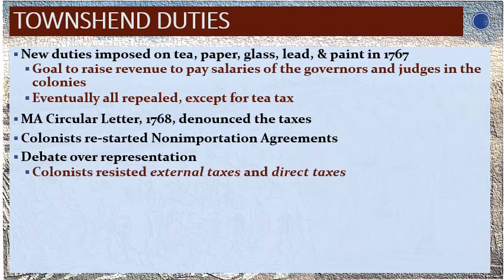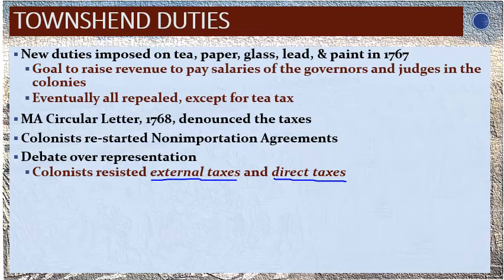Colonists are making a distinction between external and internal taxes. External meaning it was imposed on us from outside. Direct meaning its sole purpose is to tax us. That is, it's not a hidden tax or a tax as a cost of buying and shipping goods across the Atlantic, but solely and entirely for the purpose of raising money.